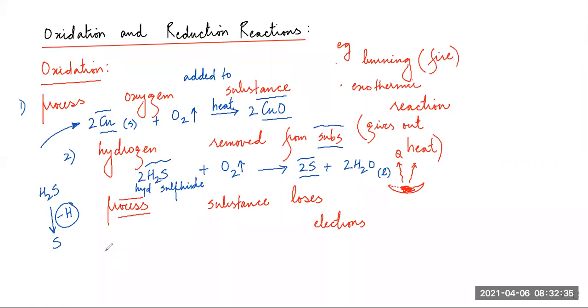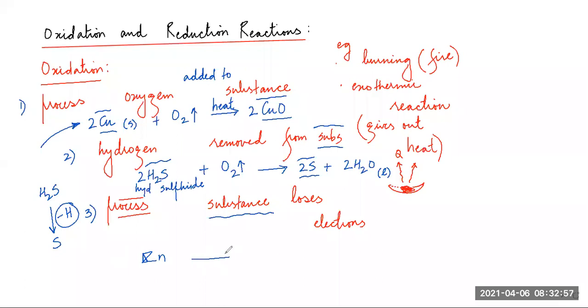Oxygen was added to copper, making it copper oxide. The third possibility is that oxidation could be a process in which a substance loses electrons. Let's see how. Well, we have zinc.